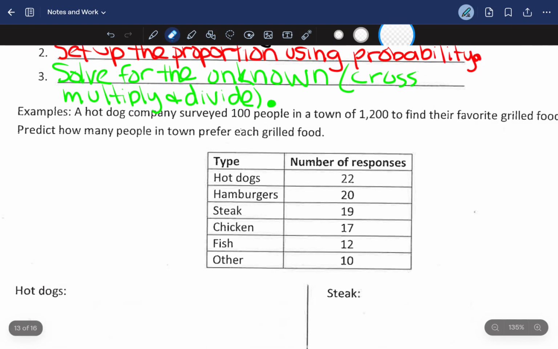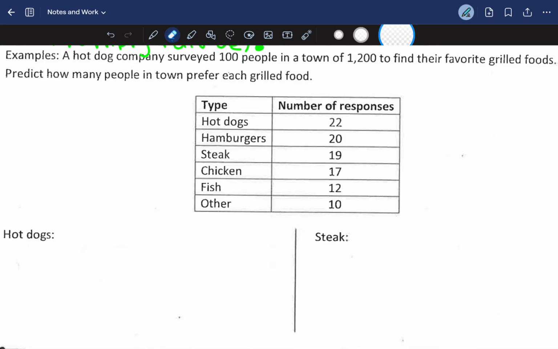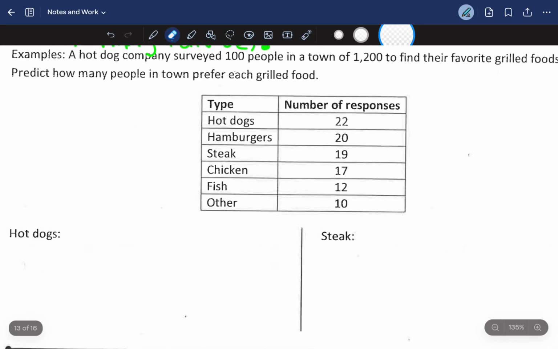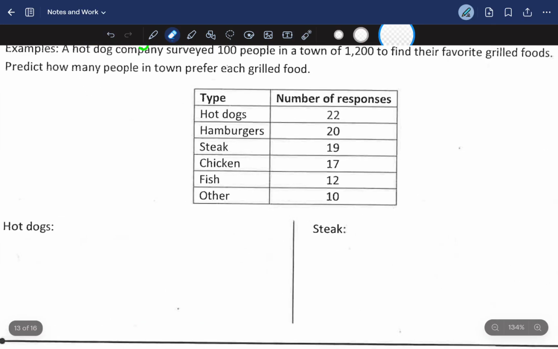All right, this first example says a hot dog company surveyed 100 people in a town of 1,200 to find their favorite grilled foods. Predict how many people in the town prefer each grilled food. The first section is hot dogs, and then the second one is steak. So I'm going to gather my information here.